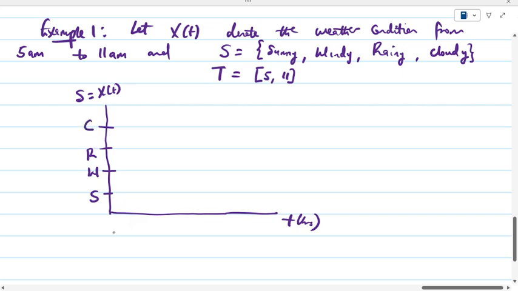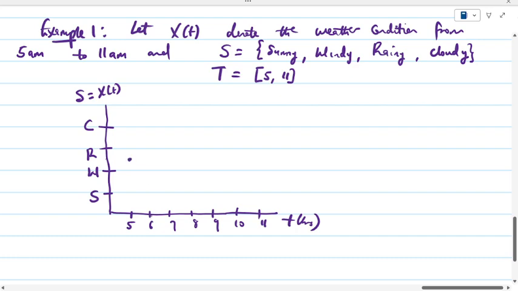Our time, which is continuous, runs from 5, 6, 7, 8, 9, 10, and 11. Let's say at time 5 the weather condition is in between windy and rainy, so we have something like this here.